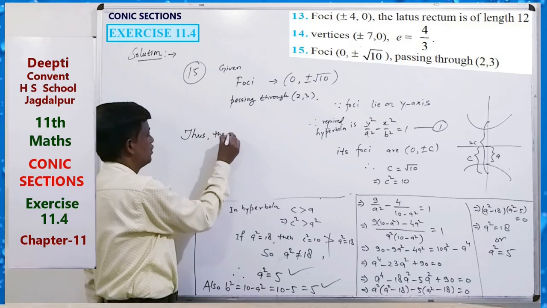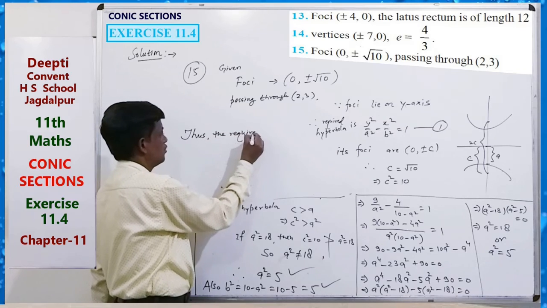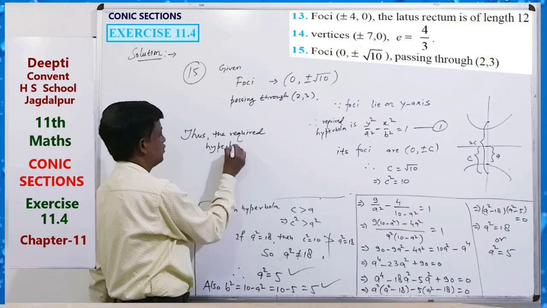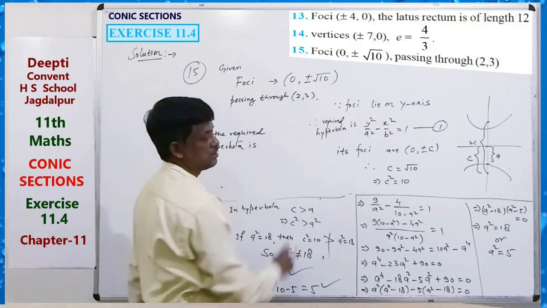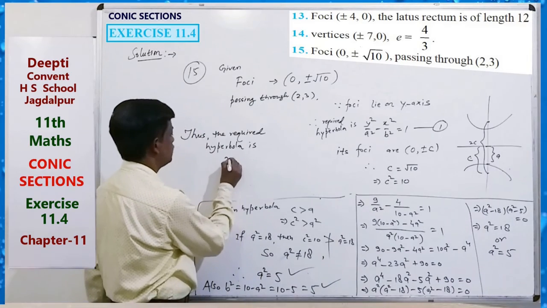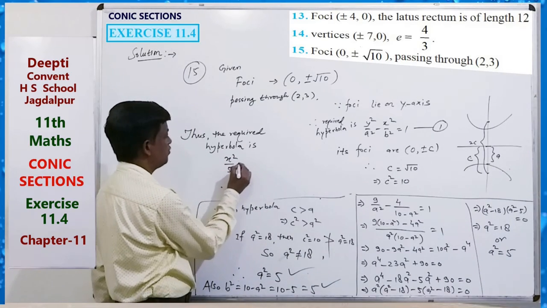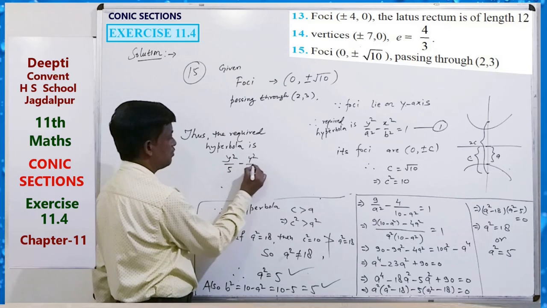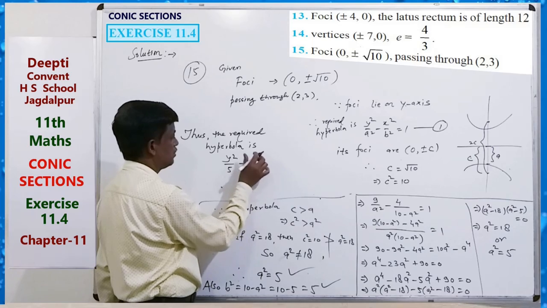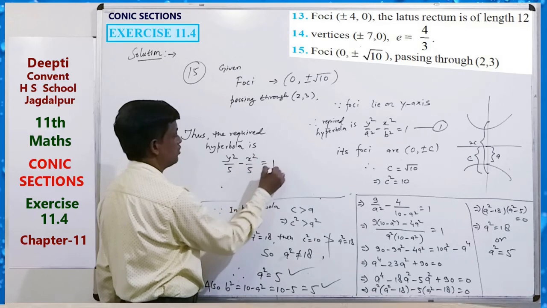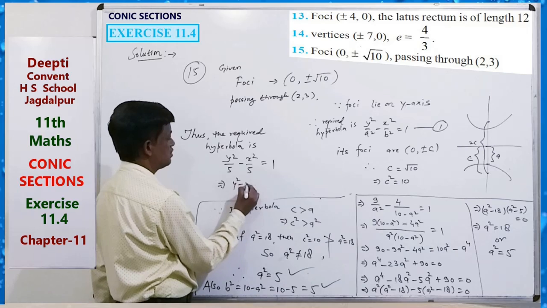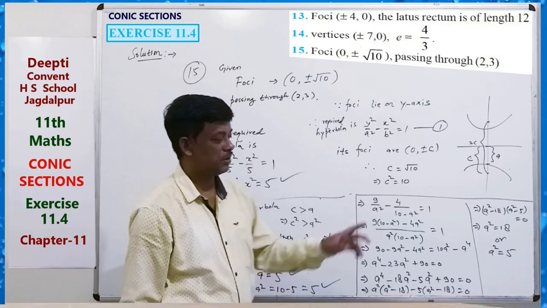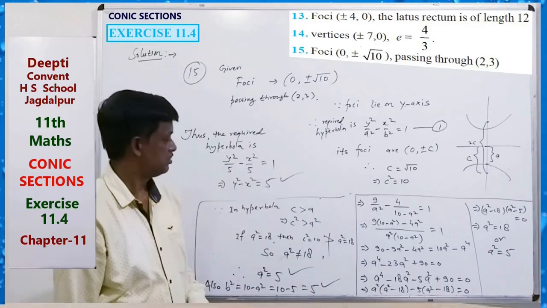Thus the required hyperbola is y square by 5 minus x square by 5 equals 1. So you can write y square minus x square equals 5. This is the solution.